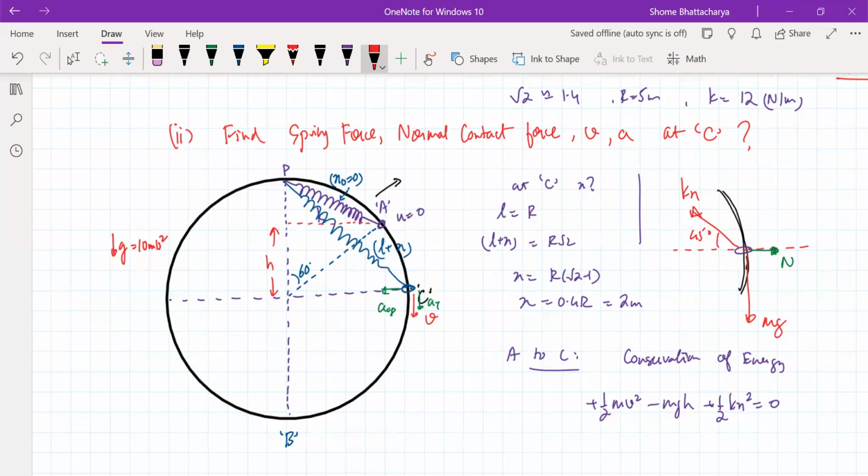So h is simply r by 2, right? So v square is equal to 2gh minus k by m x square.